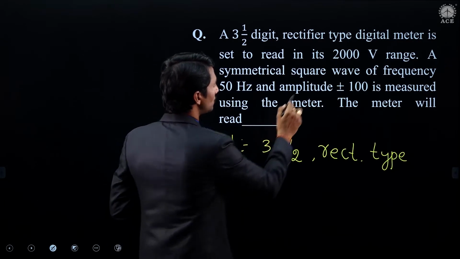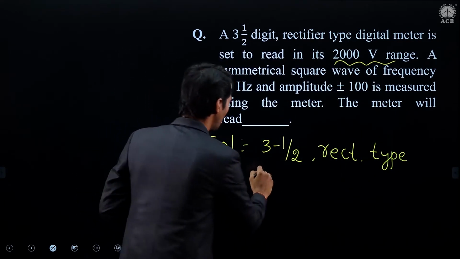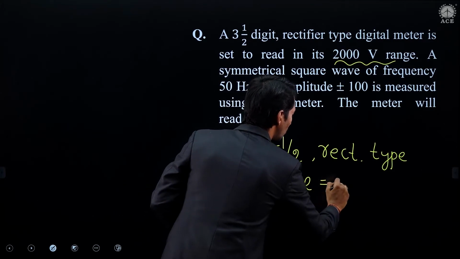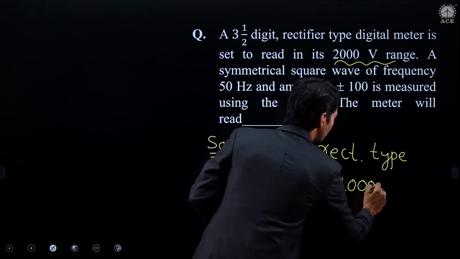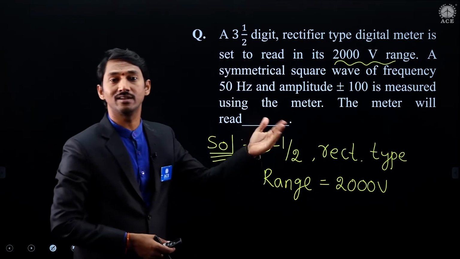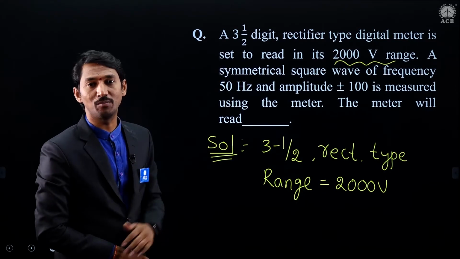Sir, what is the range? Range given is 2000 volt. Means 2000 volt is nothing but extended range. 1000 volt is the normal range because it is a fractional type of device.